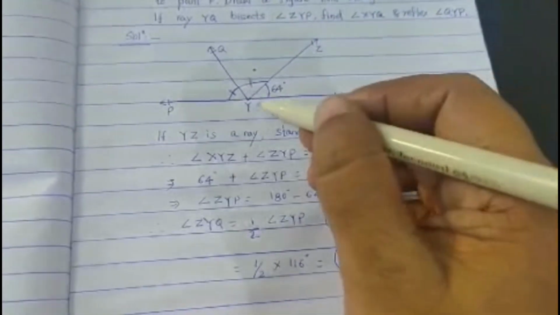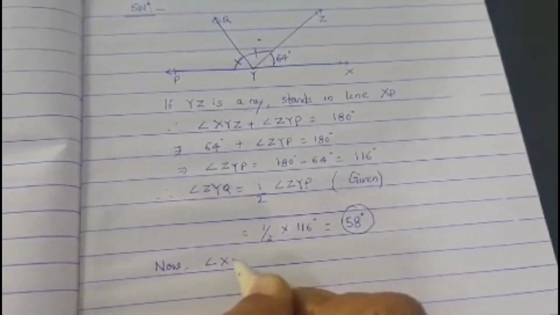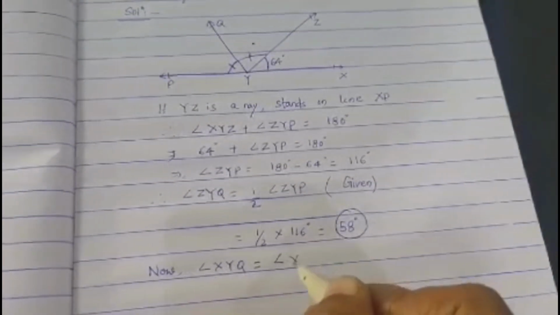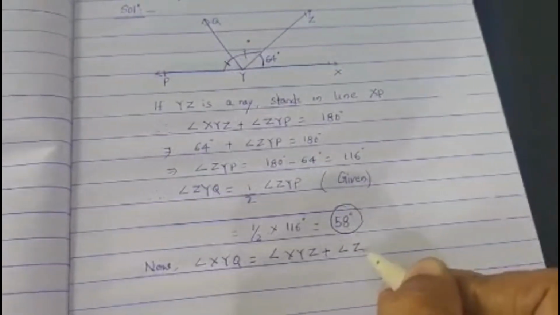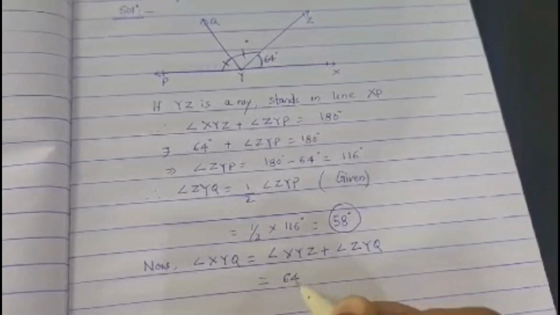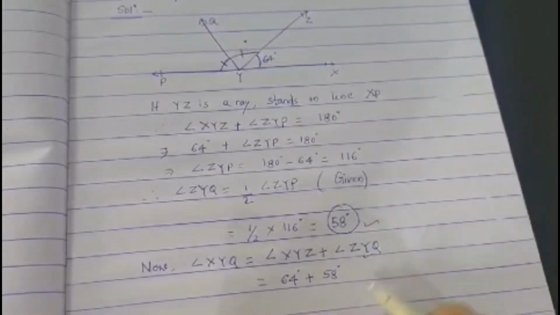We have to find angle XYQ. So this plus this. Now angle XYQ will be equal to angle XYZ plus angle ZYQ. That will be equal to 64 plus 58. We have found this one, ZYQ.